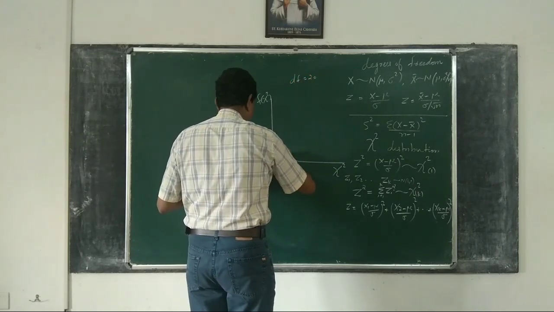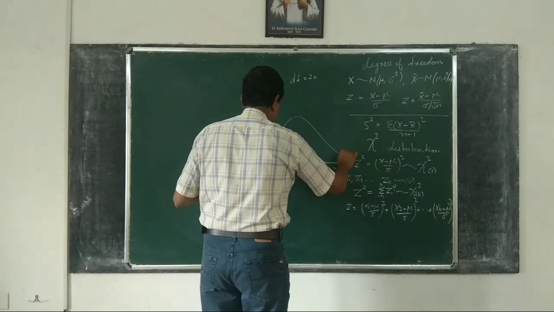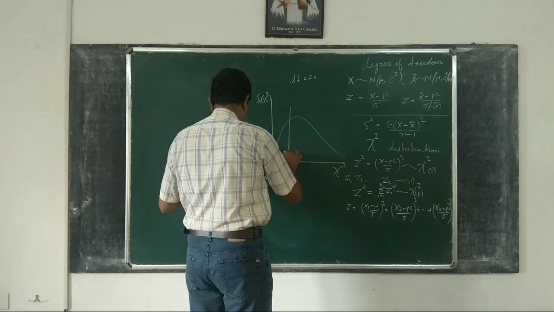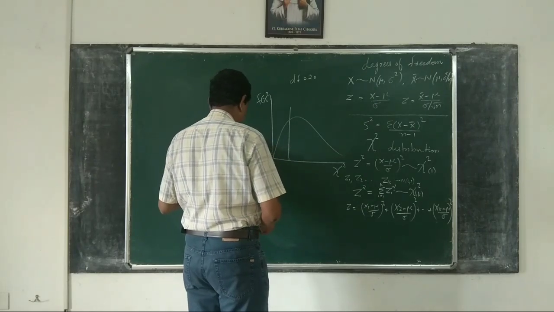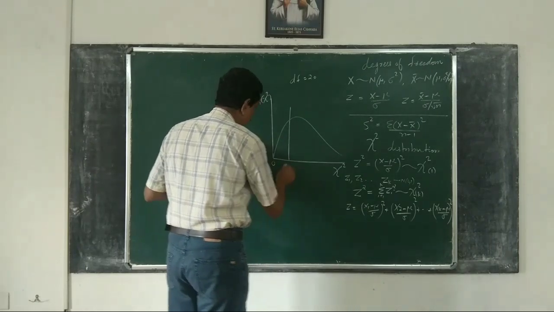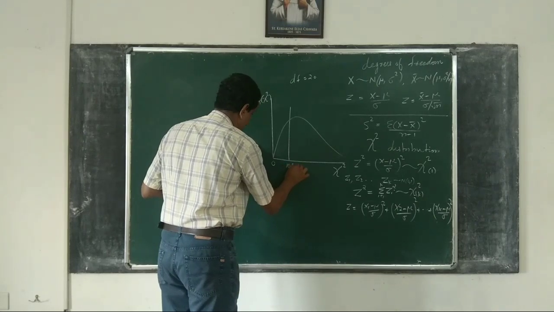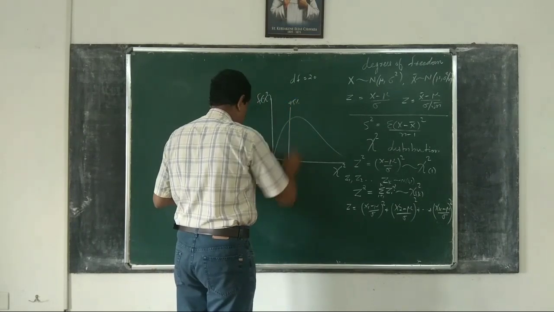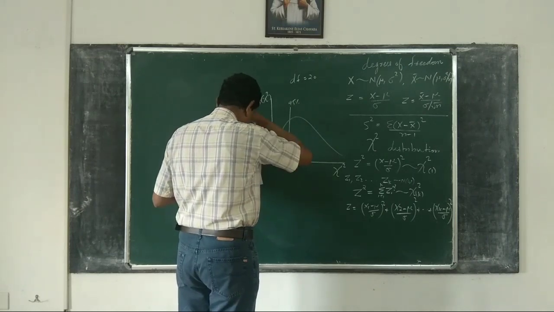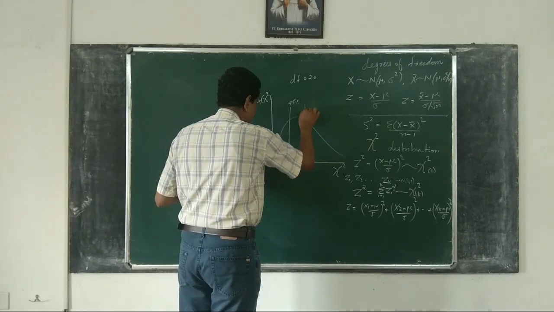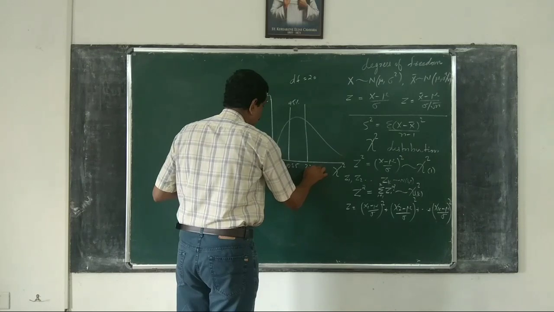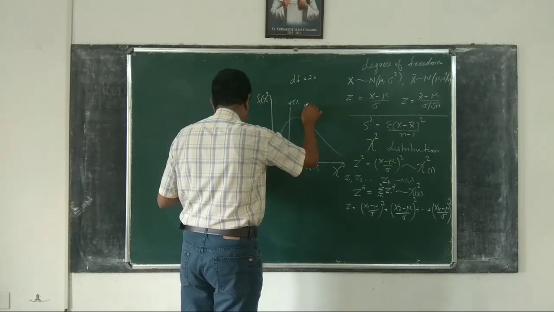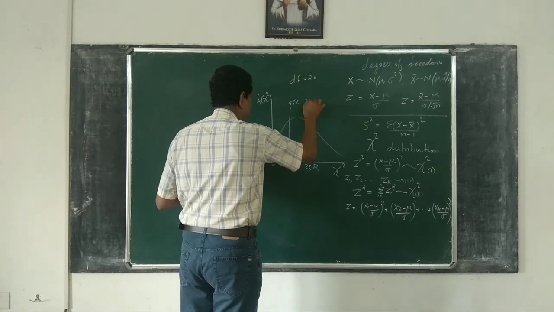Then the chi-square distribution looks like this. Then the probability that chi-square is greater than 10.85 is 95%. The probability that it is greater than 23.5 is 25%.